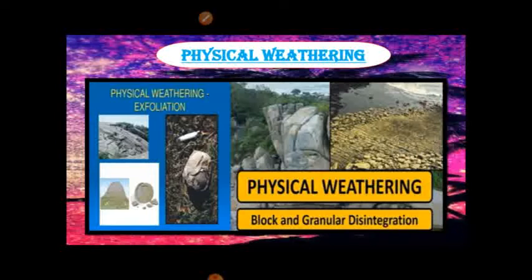This is due to the action of temperature and frost. Block disintegration. Repeated expansion and contraction of rocks during day and night respectively causes stress on the joints of the rocks, which results in block disintegration.